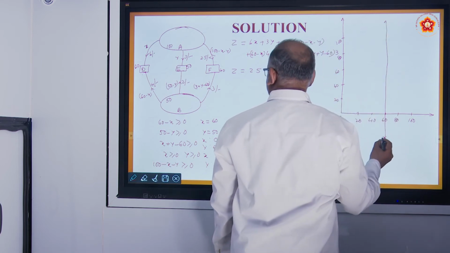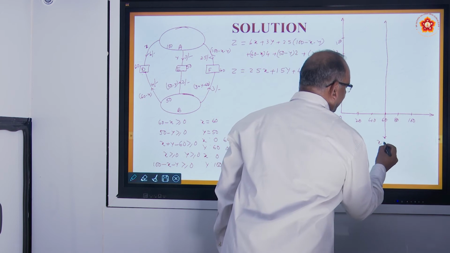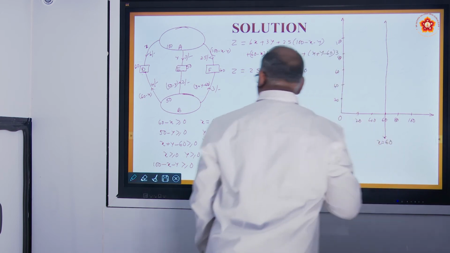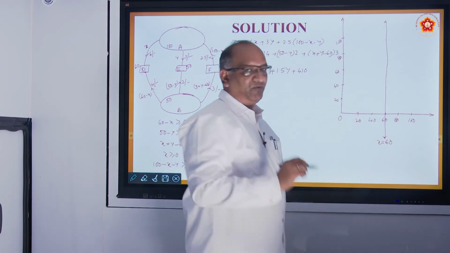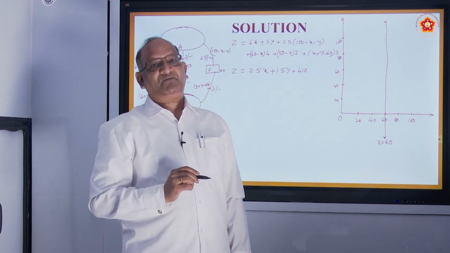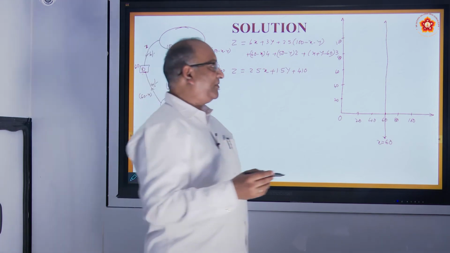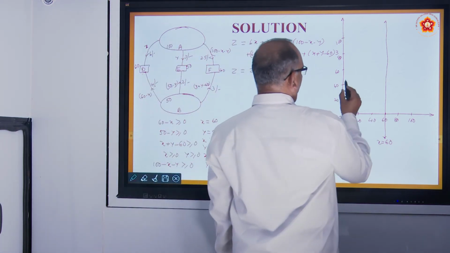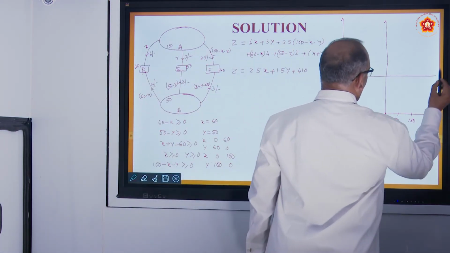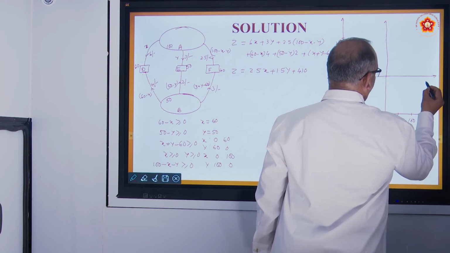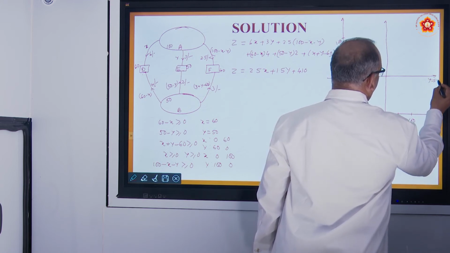It represents x equal to 60. Then we have y equal to 50. Y equal to 0 is the equation of x axis. So, y equal to 50 is a line parallel to x axis. So, here is a line which represents y equal to 50.